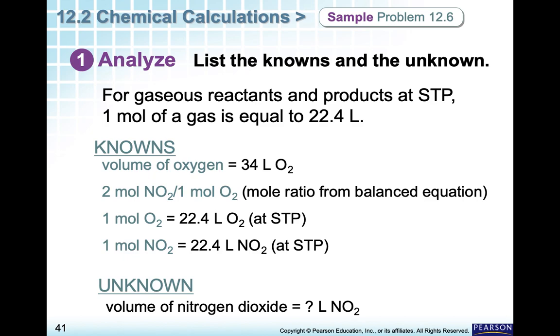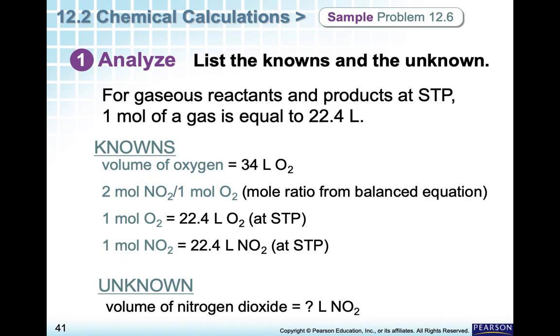So what are we given? We're given 34 liters of O2. How many significant figures does that have? Pretty easy to see. It's just 2. And we have 1 mole of O2 is 22.4 liters, and 1 mole of NO2 is 22.4 liters. And the volume of NO2 is what we want to find.